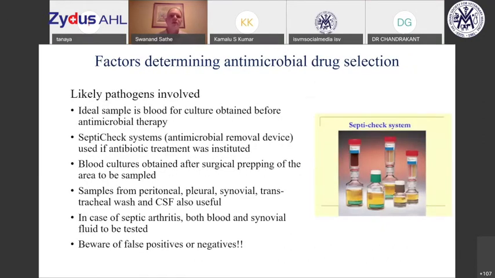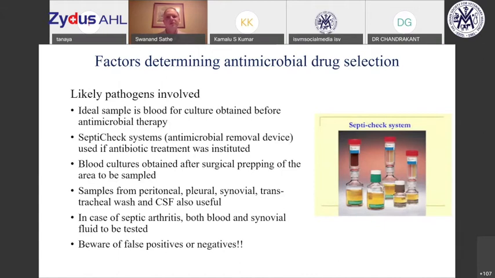So what are the factors that determine what antimicrobials you should select? Of course, the first antibiotic that you select should depend on what's isolated on your blood culture, ideally before antimicrobial therapy is started, but that's not always the case. For example, I go out in the field and see a sick animal, and I usually treat it with antibiotics before referring it to the hospital.